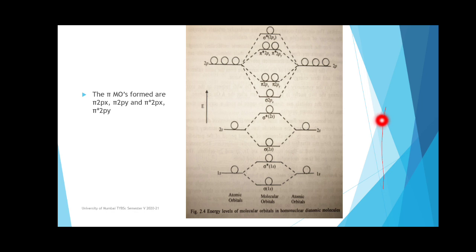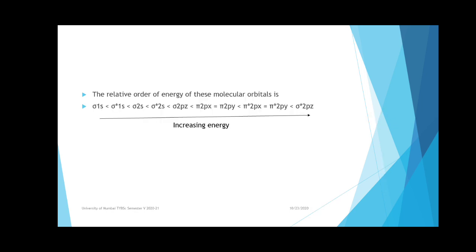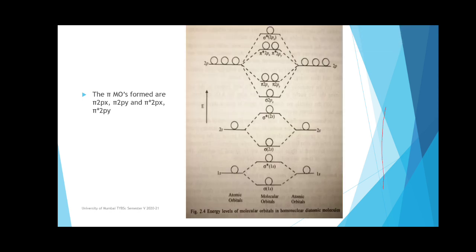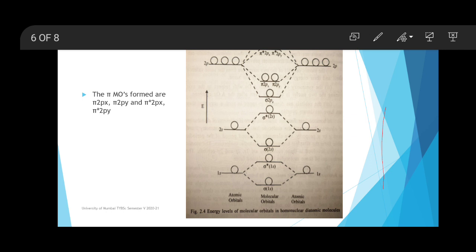So sigma 2pz, pi 2px and pi 2py are the bonding molecular orbitals which are lower in energy, as you can see here, compared to the antibonding molecular orbitals or their atomic orbitals.